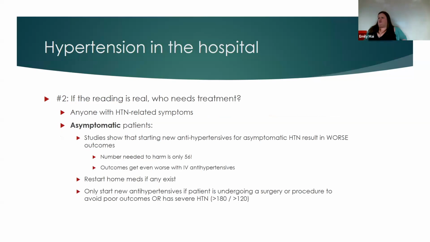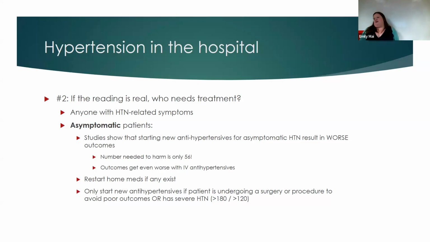So assuming it is real, assuming you've repeated and verified all those things, then who needs treatment? Anyone who has symptoms, of course. If they've got a headache, vision changes, chest pain, any of those things, you do want to treat those patients. But if they're asymptomatic, studies have shown that adding any new antihypertensives in the hospital outside of their home meds results in worse outcomes, and the number needed to harm is only 56.